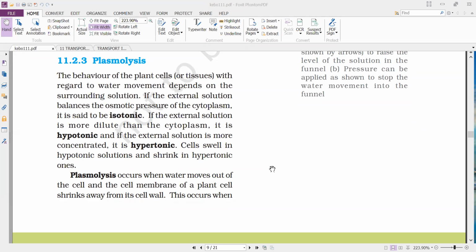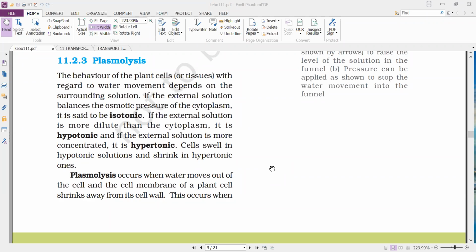And the process during which the water from the cell moves out of the cell into the external solution, when you place the cell in a hypertonic solution, the water moves out of the cell through the plasma membrane.